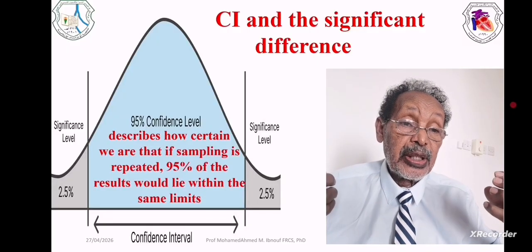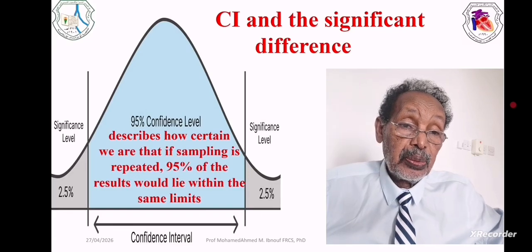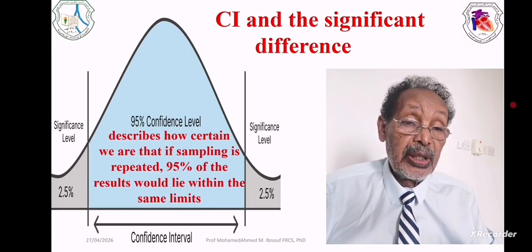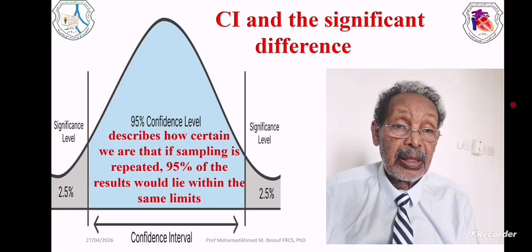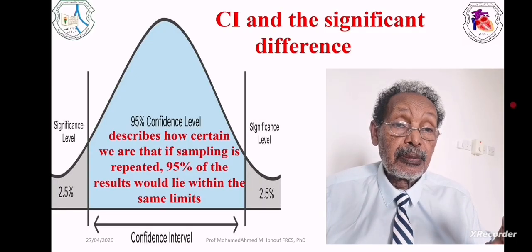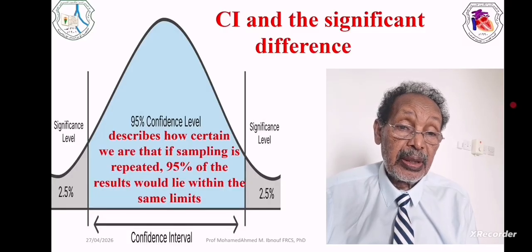And only 5% will lie outside and will split into two halves, each half in one of the tails. And this 5% is a significant difference. I hope it is now clear.